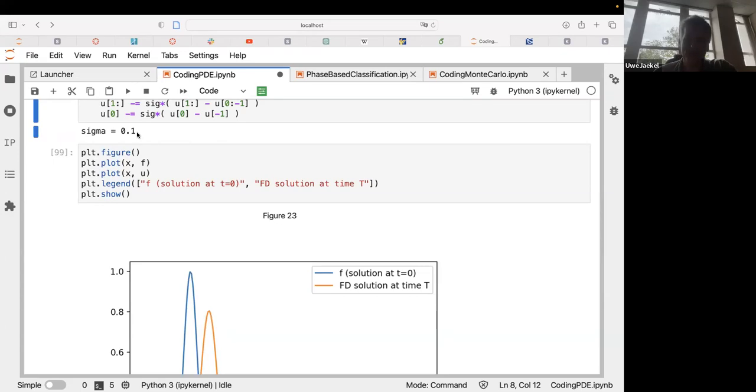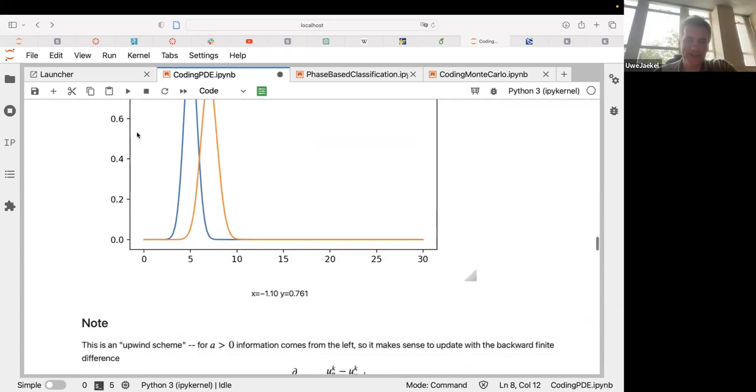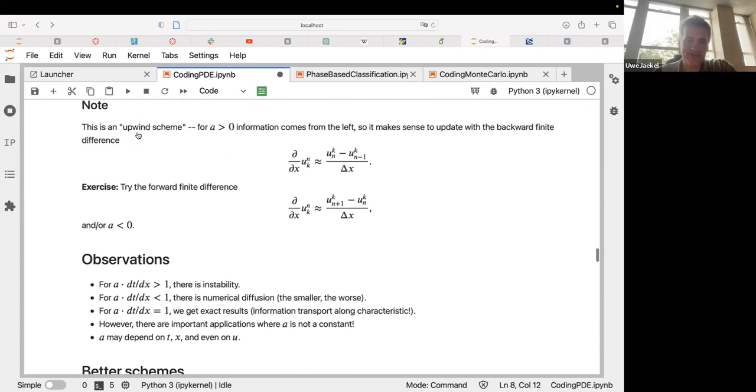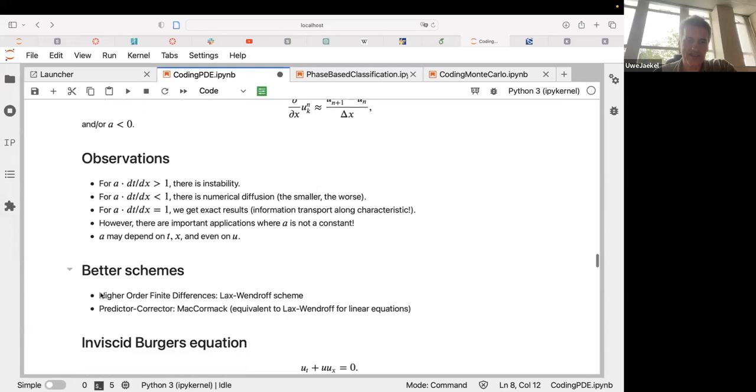This shows up in every scheme. One can improve it using higher order finite differences. I cannot go into this because it would take time. It doesn't take much more complicated mathematics, but it would take time to discuss and understand it. The famous scheme is the Lax-Wendroff scheme.